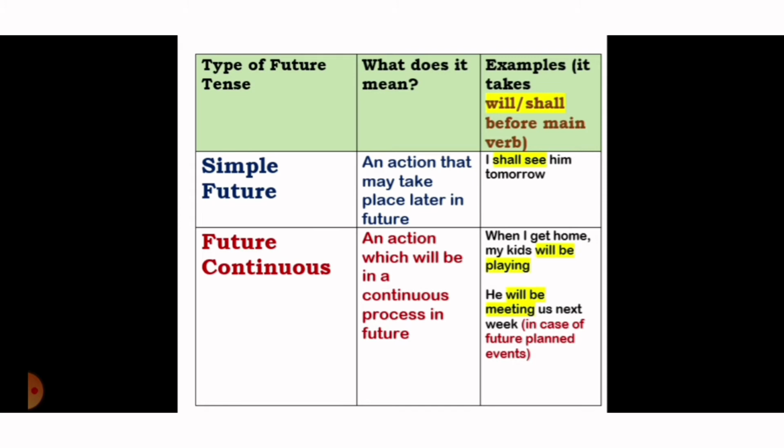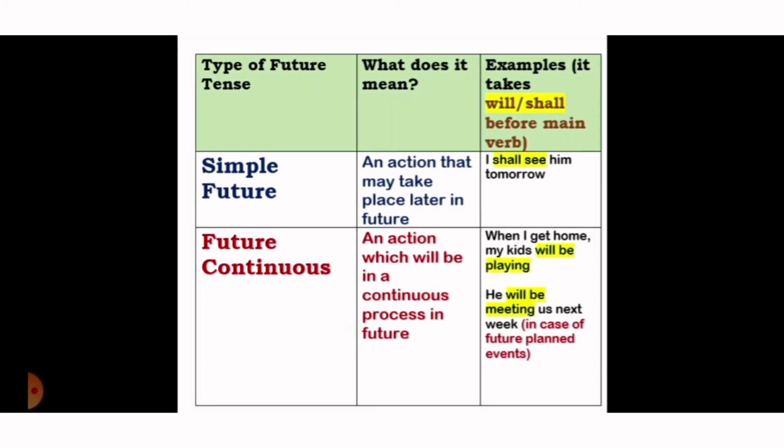In continuous tense, as we have seen in the previous cases of present and past also, ing will be added with the main verb, so we will have playing. If you have any confusions regarding continuous tense of any type, you can check my previous videos where you will see that ing always gets added with the main verb to make it continuous tense.